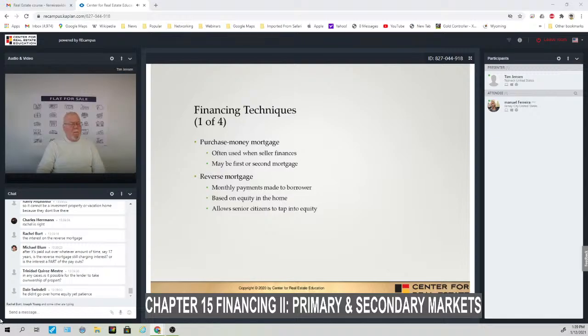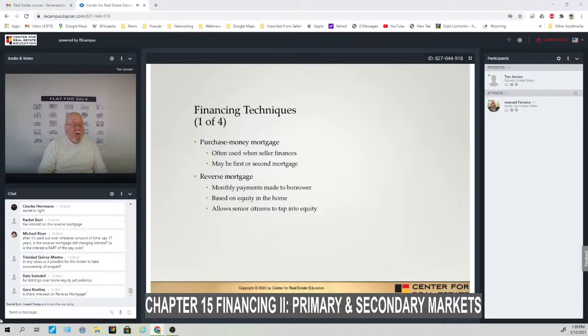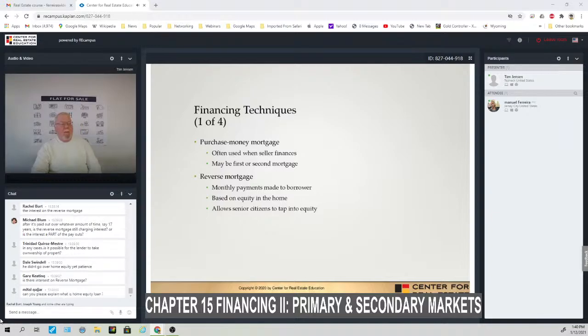After it's paid out over whatever amount of time, say 17 years, is the reverse mortgage still charging interest, or is the interest a part of the payouts? Trying to understand what you're asking.